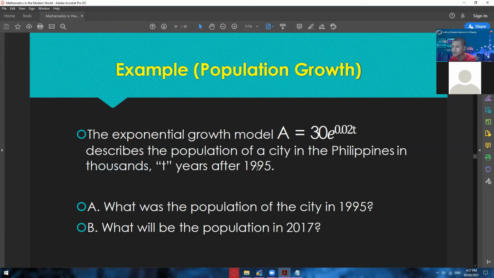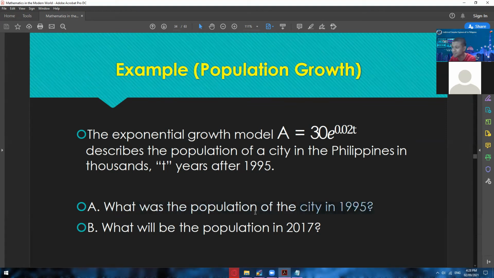And what we are trying to solve here is: what was the population of the city in 1995, and what will be the population in 2017? This one started at year 1995, and it's asking what was the population of the city in 1995.